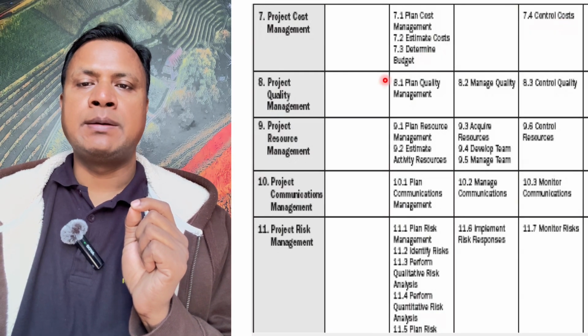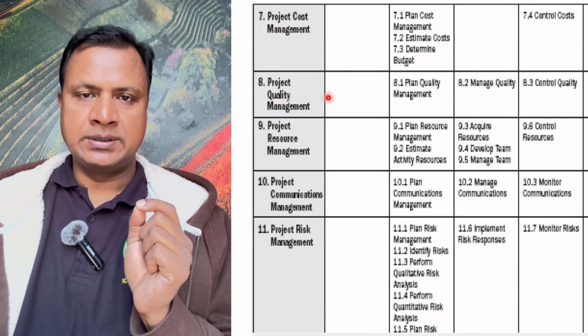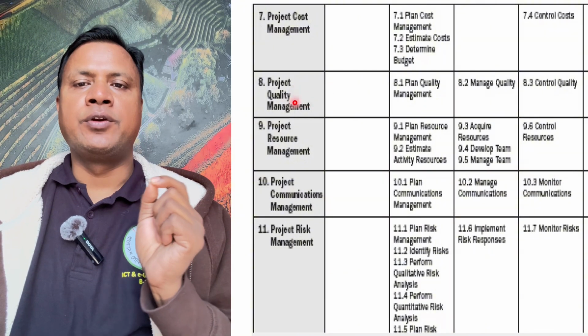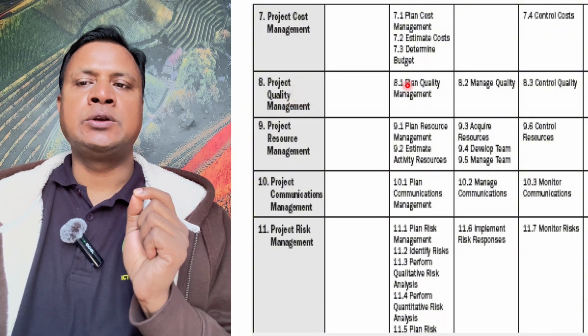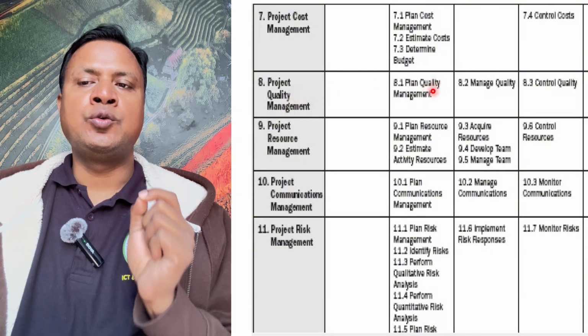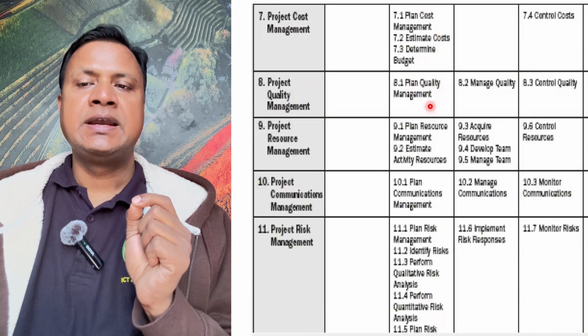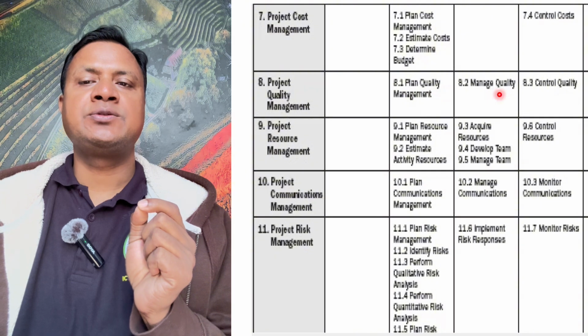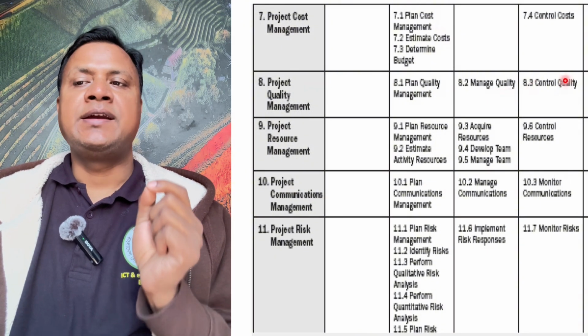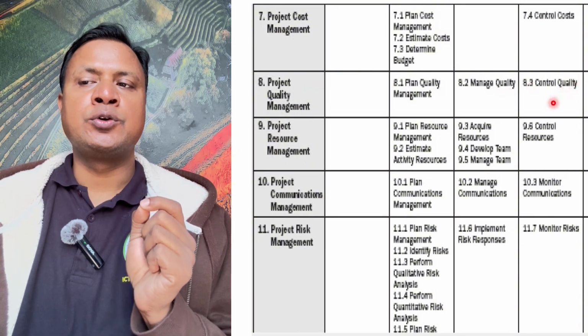The next one is project quality management. For ensuring quality, we plan quality management, which is the planning stage. Then in the execution stage, we manage quality. In the monitoring stage, we control quality.